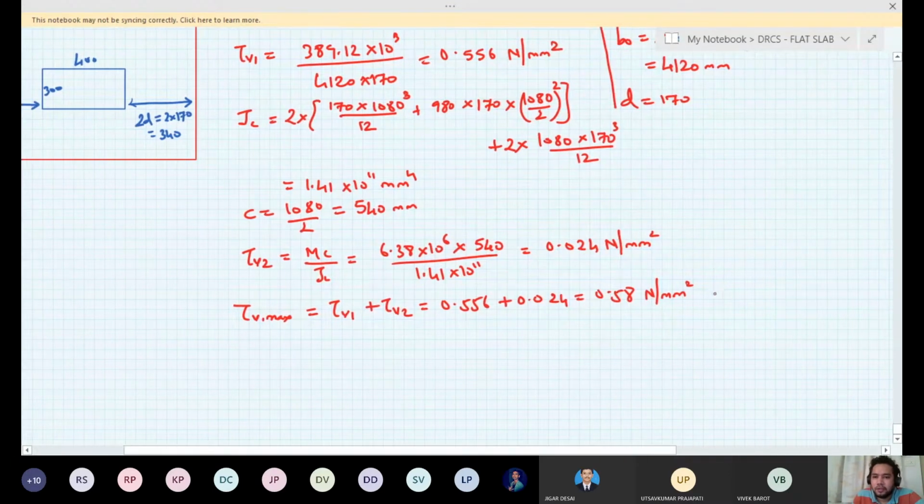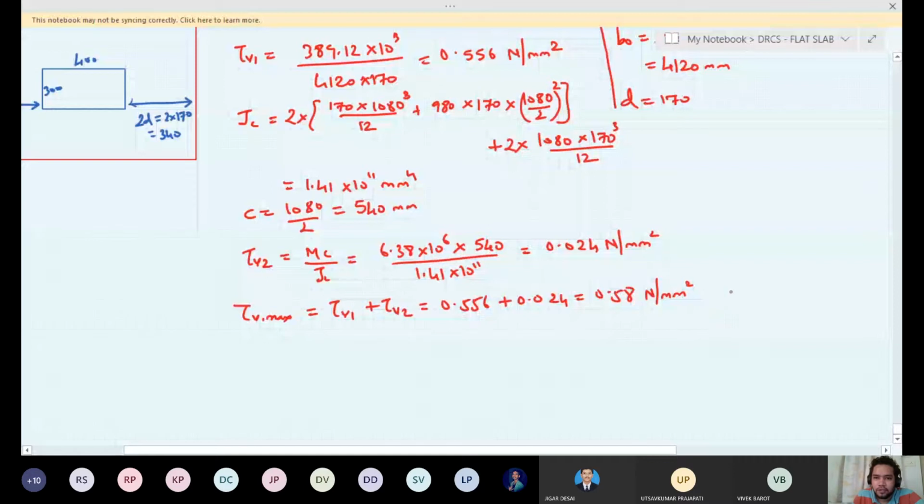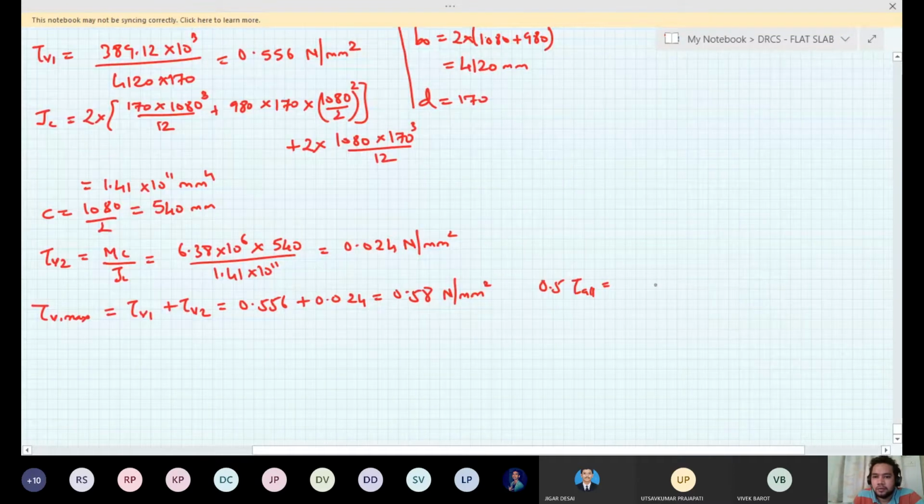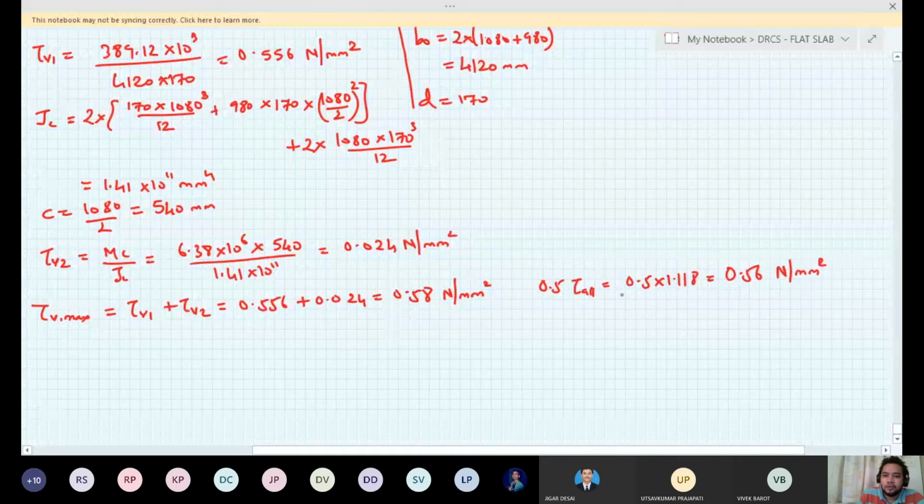And here our allowable value, 0.5 tau allowable, is 0.5 into 1.118, so that is 0.56 Newton per mm square. So looking at this value, this is almost near to that.